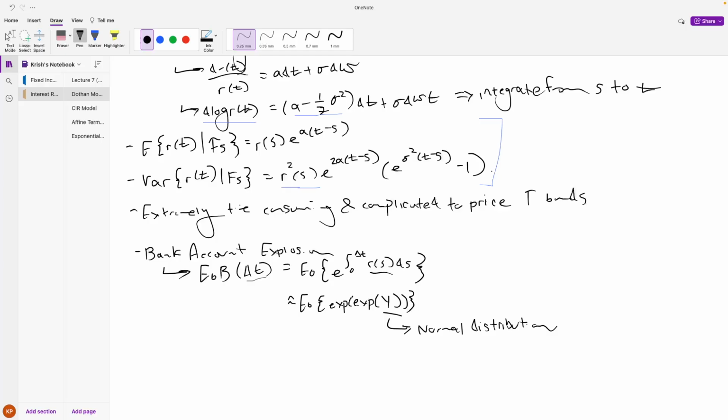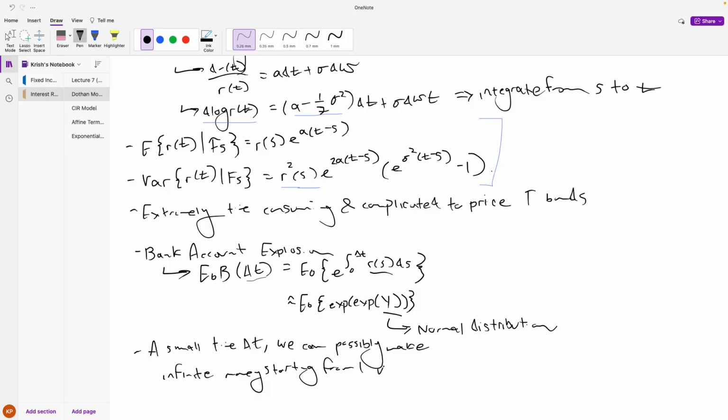What this essentially means here is that at a small time delta t, we can possibly make infinite money starting from 1 unit of currency, right? Because e to the e will explode based off of what y gives.